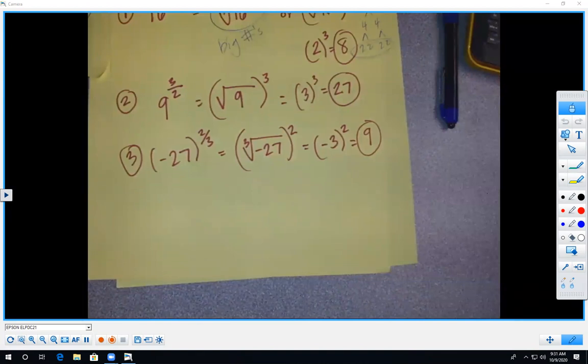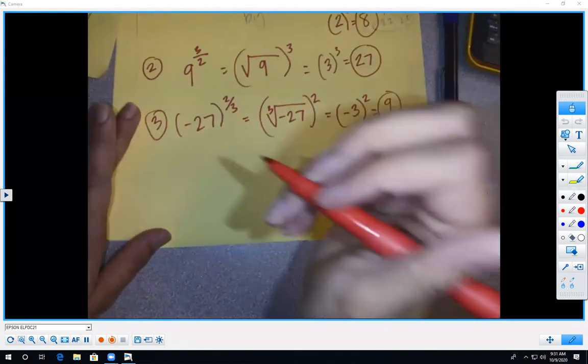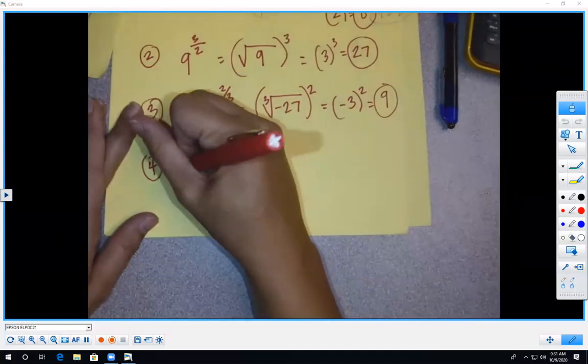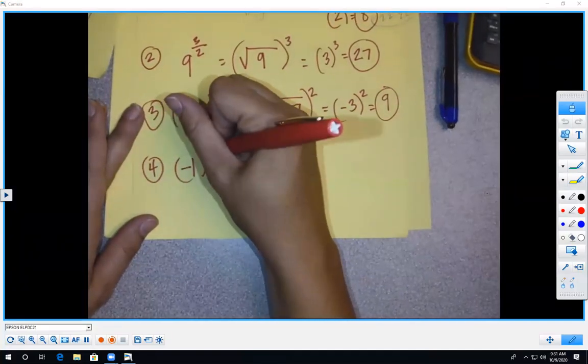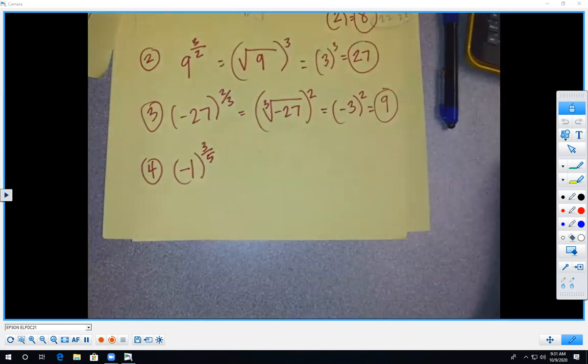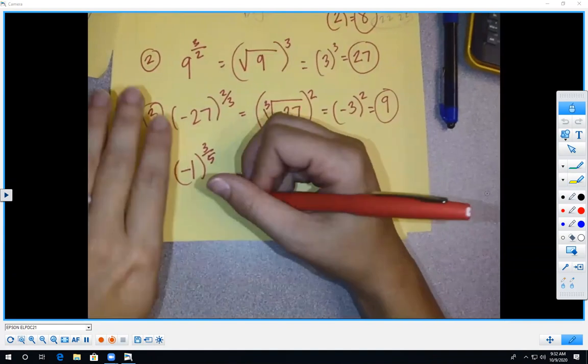Questions about that? What about if I had -1 to the 3/5 power? What root am I taking here? The 5th root, right?